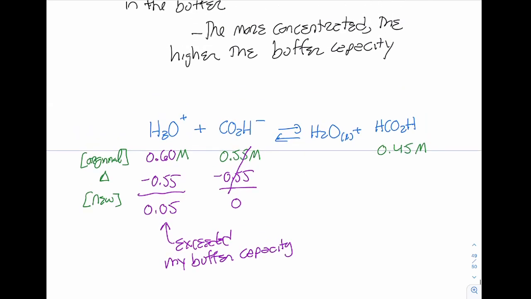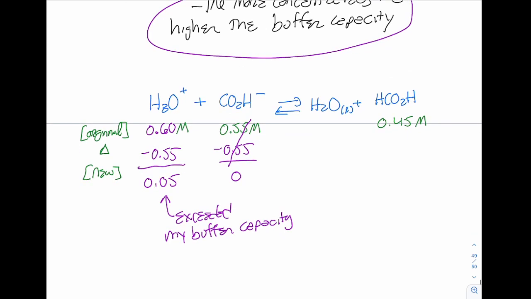Up here, we said that the more concentrated my weak acid and its conjugate base, the higher the buffering capacity. The way I could not exceed that by having 0.6 molar is we could make this number bigger. If that was 0.9 molar, now I'm going to subtract the 0.6 from both sides. So kind of looking at it, if you're subtracting this number from this number, we're neutralizing all of it.